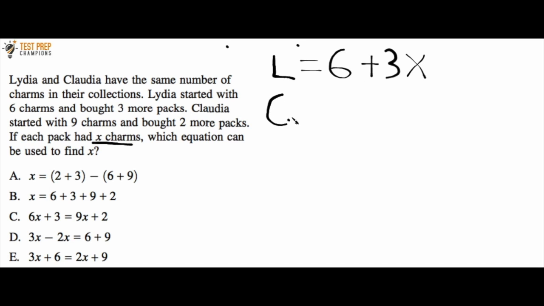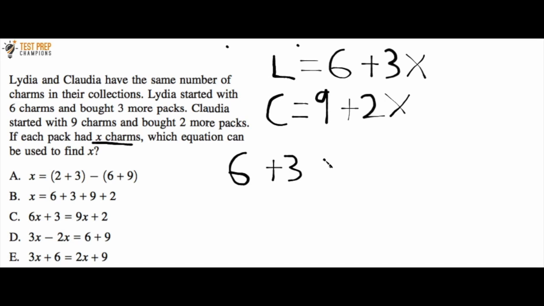Now we also have C equals 9 for the 9 charms that Claudia starts with, plus her 2 more packs, so plus 2X. And it tells us that Lydia and Claudia have the same number of charms in their collections. So all we have to do now is take both equations and set them equal to each other.